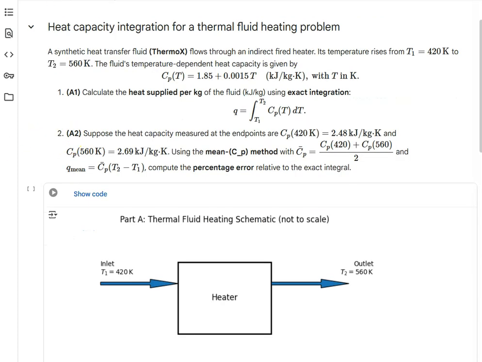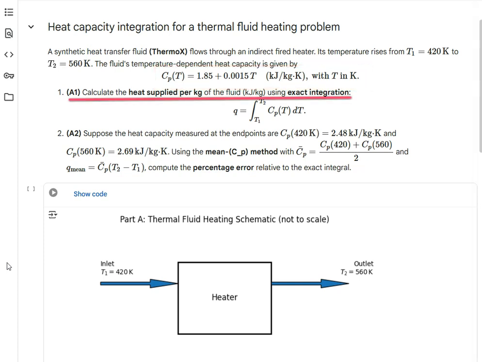Now here is the problem statement. A heat transfer fluid named ThermoX flows through an indirect fired heater. Its temperature increases from 420 Kelvin to 560 Kelvin. The heat capacity of the fluid varies with temperature and is given by this equation: Cp of T equals 1.85 plus 0.2015 times T in kilojoules per kilogram per Kelvin.